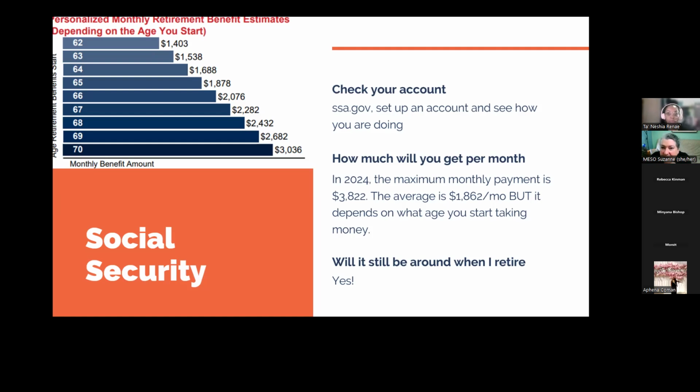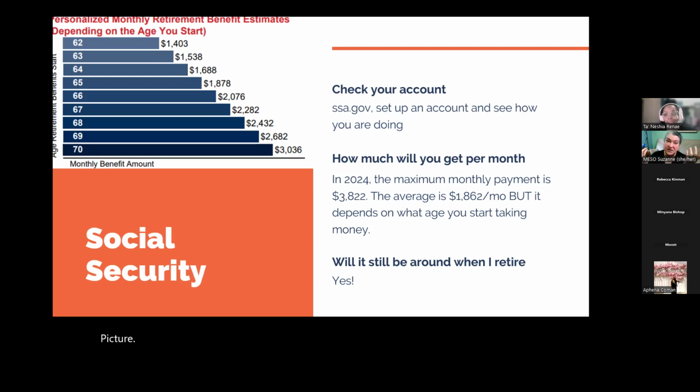Somebody in the chat made a really good point, which is that you may pass away before getting the money. That is correct, Robin. So this is the thing. Yes, if you wait until you are older, you will get more per month. However, the break even is 84. If you don't think you're going to live to 84, you might consider getting it earlier.